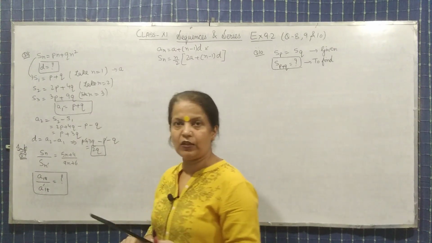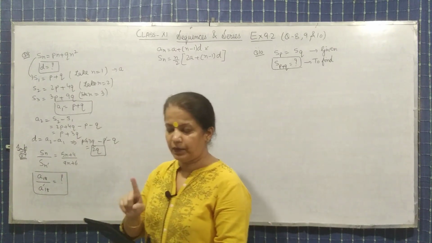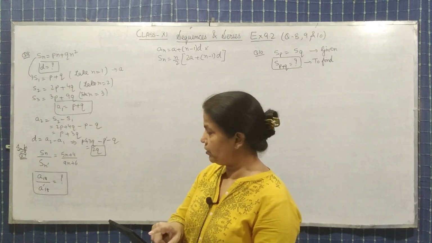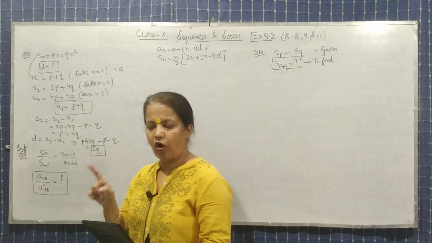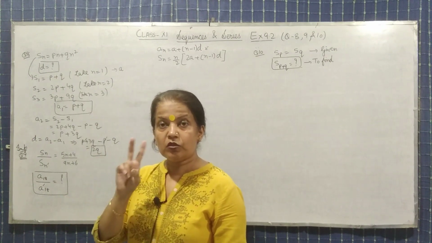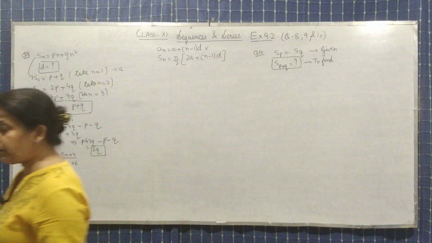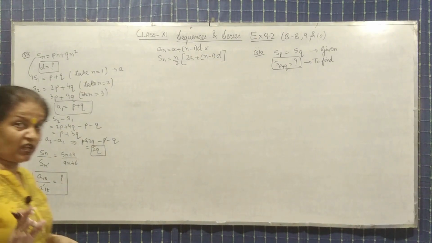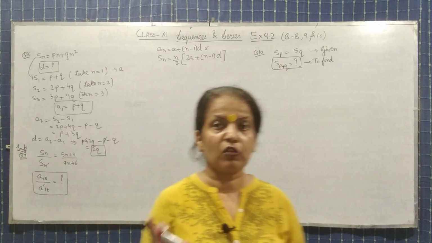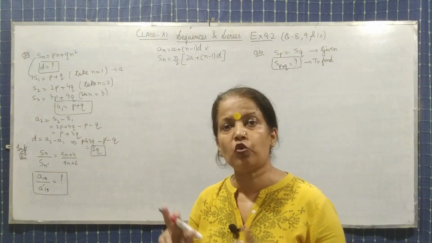Ratio of their 18th term means, here in question 9th it is given the sum of n terms of two APs. Both the APs are different, but the total number of terms is the same. N terms are given, so the number of terms is the same but the APs are two.